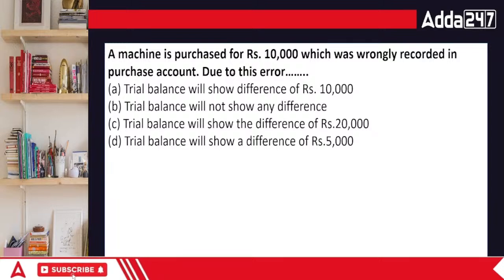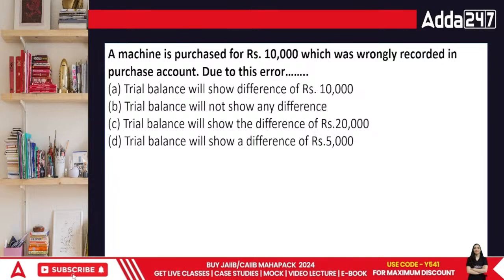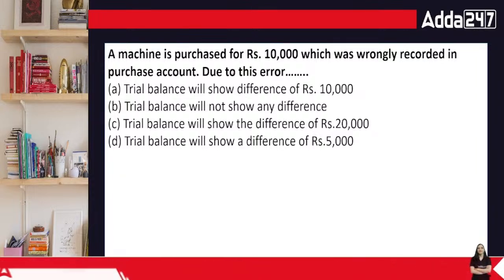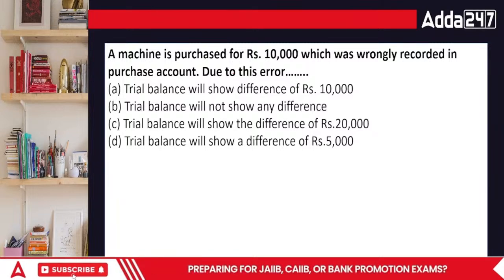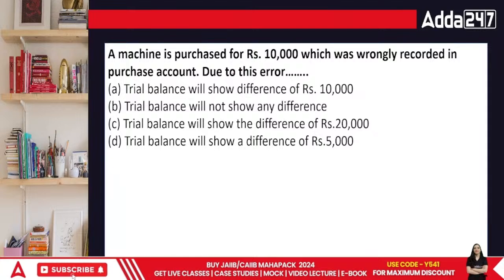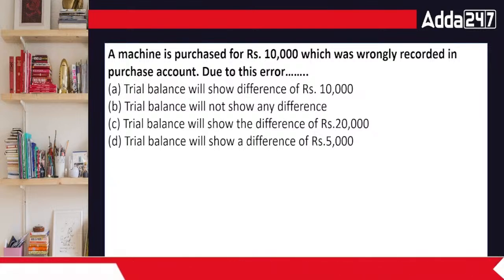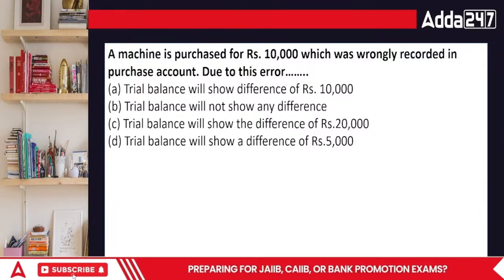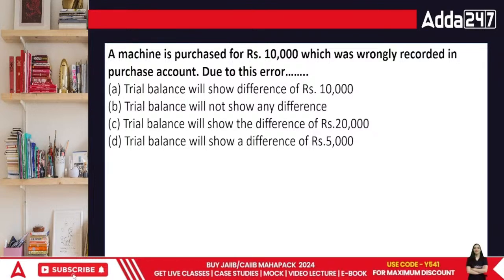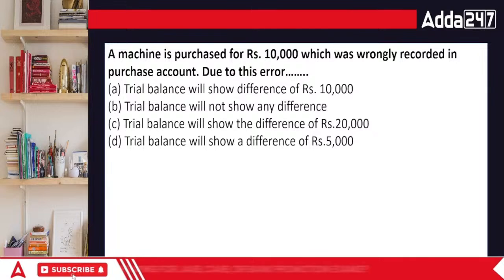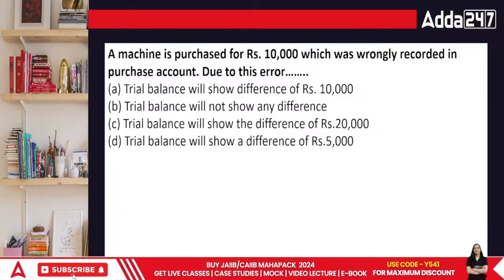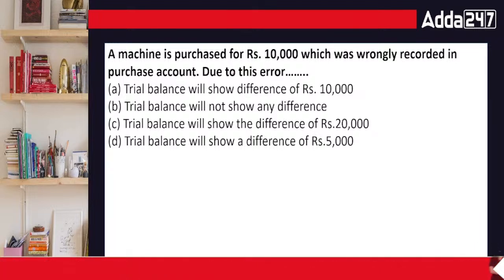Due to this error, will the trial balance show a difference, everyone? You purchased a machinery for 10,000.